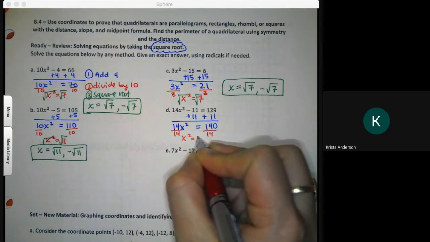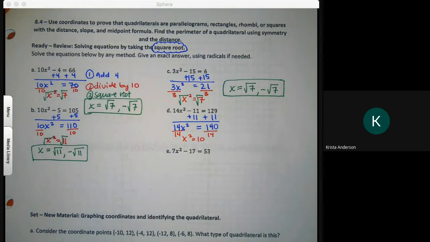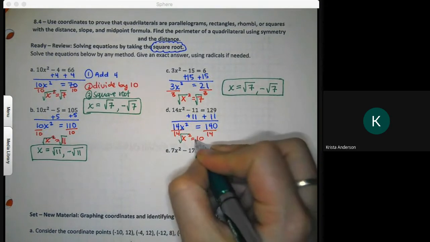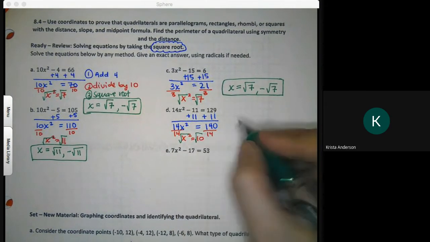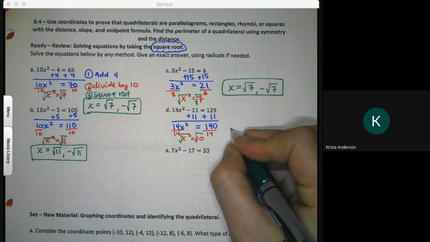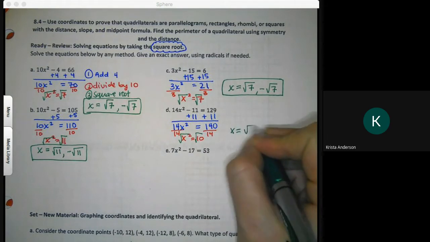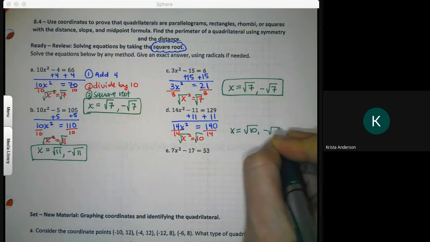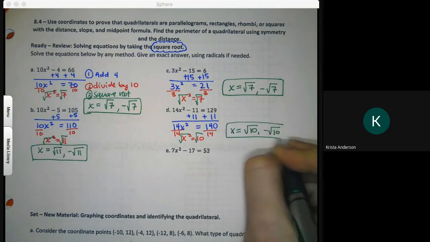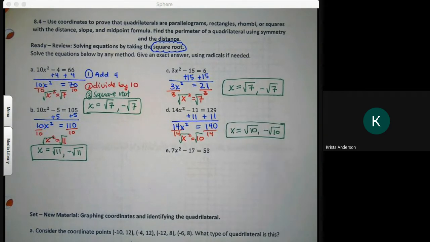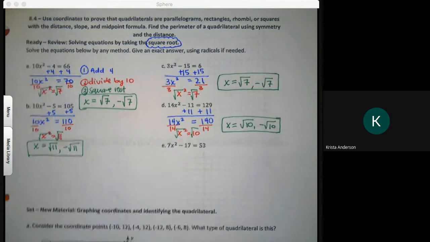X squared equals 10. Square root 10 will not simplify. X equals a positive root 10 and a negative root 10.